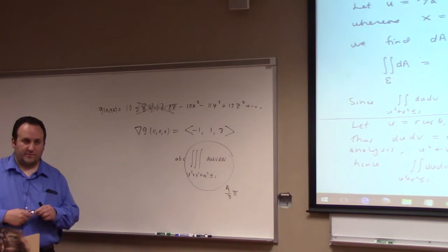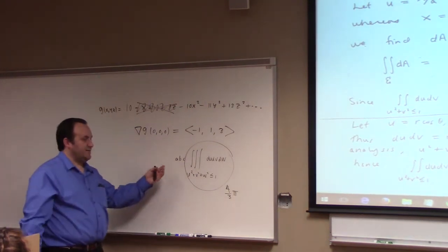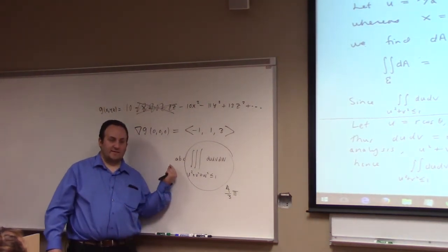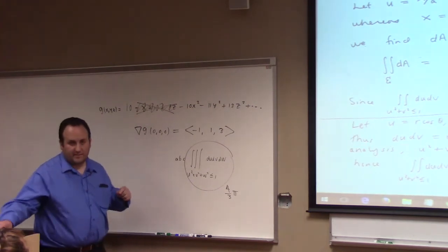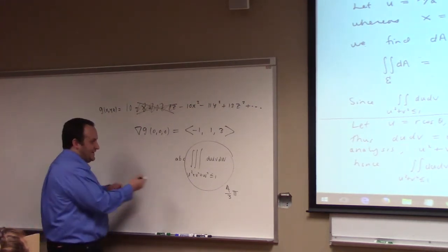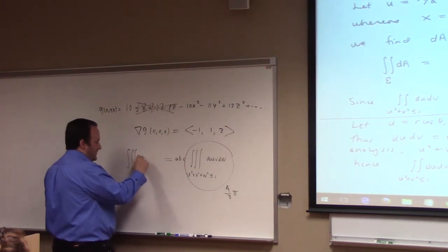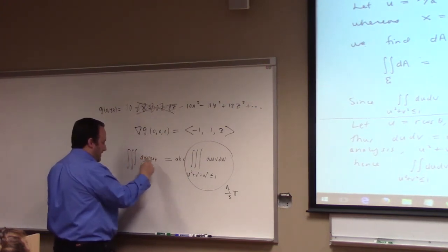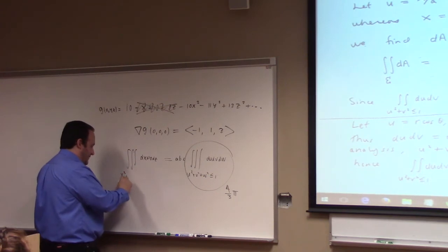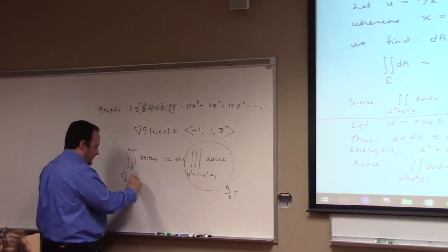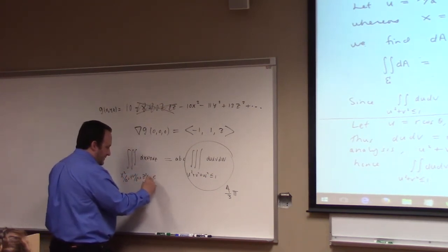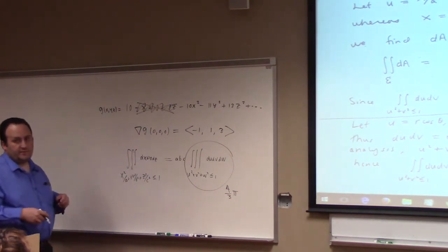Because in the problem I'm talking about, you already made a non-trivial step to realize that the given integral was that. You actually had to do work to get to this point. You had to change from dx dy dz over x squared over a squared plus y squared over b squared plus z squared over c squared less than or equal to 1, the ellipsoid. We did this in class.